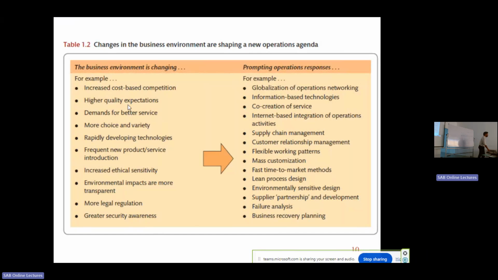Any key questions? You should be able to answer some simple questions now. We defined what operations management is, so you should be able to define it and say how that is different from other functional areas, using the definitions and descriptions.